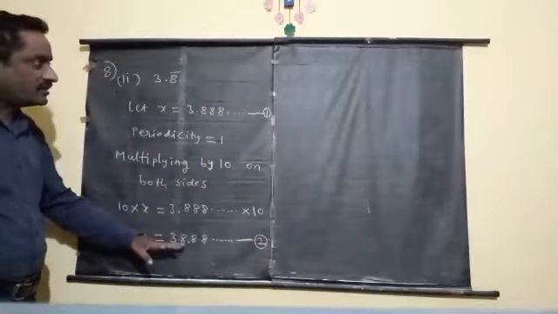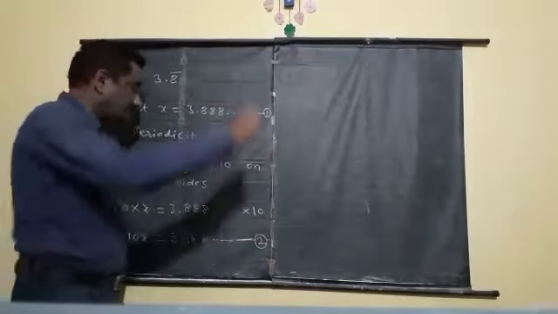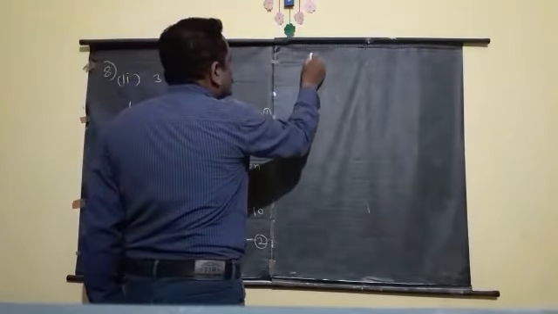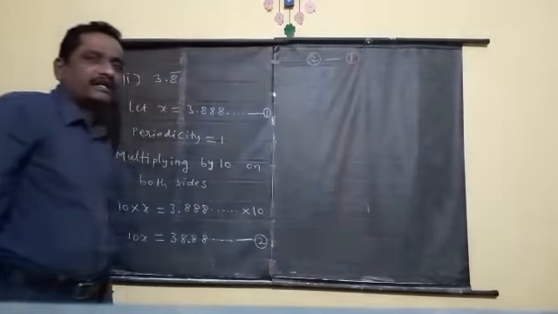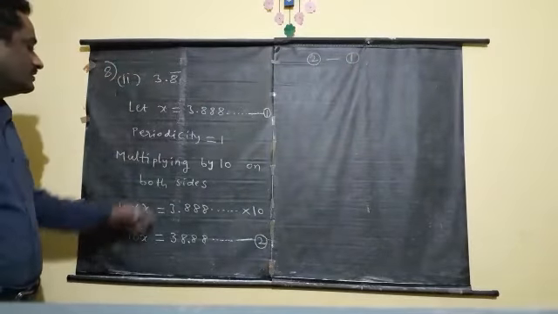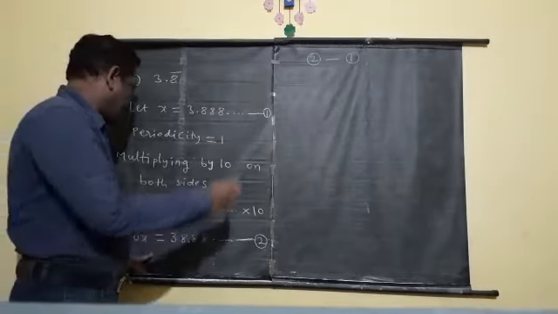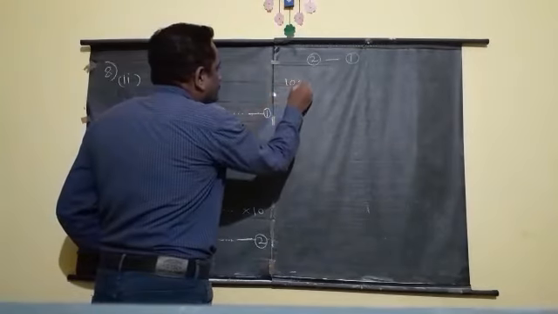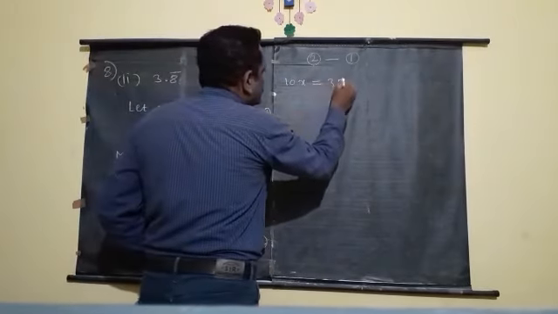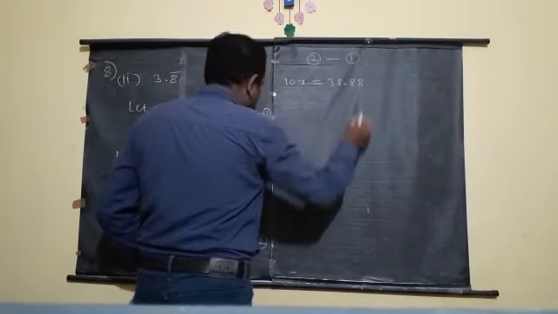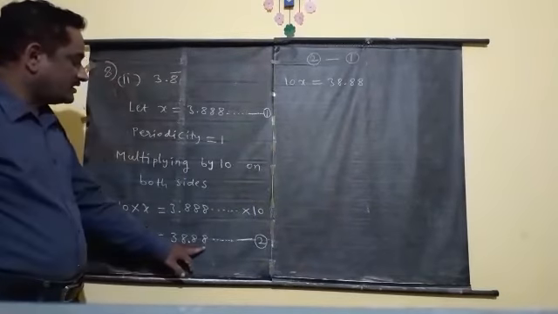Now 2 minus 1, second equation minus first equation. First I write here the second equation: 10x is equal to 38.88, with many 8s.